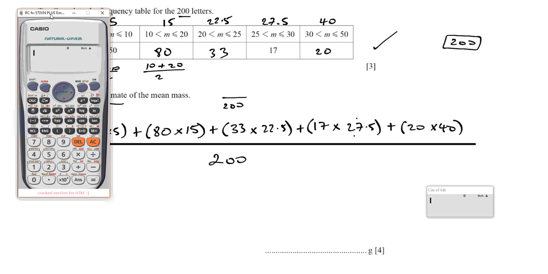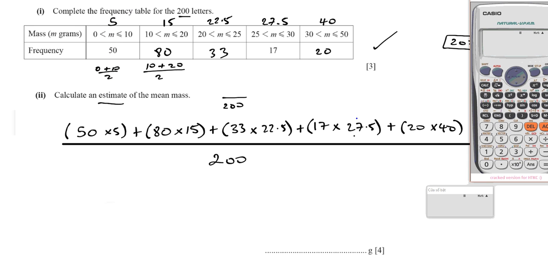Now, it's very important to write this step down, especially writing down the mid-interval values, because some of the method marks for this question are for showing that. If you didn't show any steps, you're liable to lose marks, especially if you get the wrong answer.